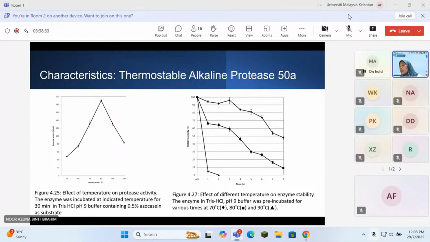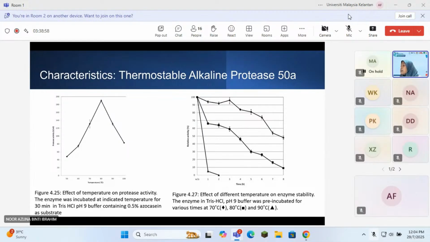Then we studied the thermostability, which shows that at 70 degrees Celsius, the half-life of the enzyme is around 7 hours.